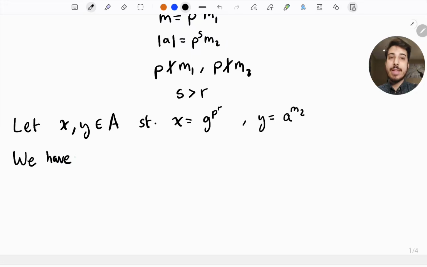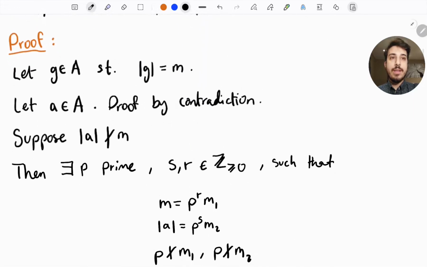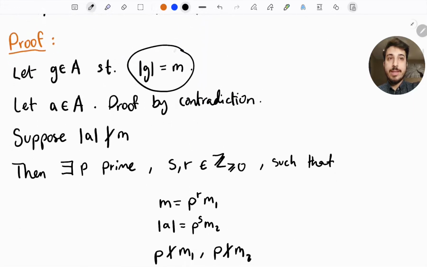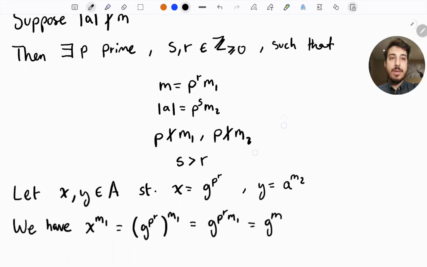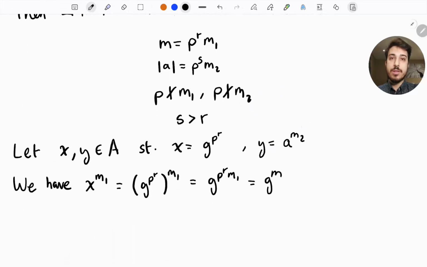It's because if we take x to the m1 power, we get that this is equal to g to the p^r to the m1 power, which is equal to g to the p^r times m1, and that is equal to g to the M. But we've said that the order of g is equal to M, being the smallest positive integer such that if we take g to that power, we get the identity.